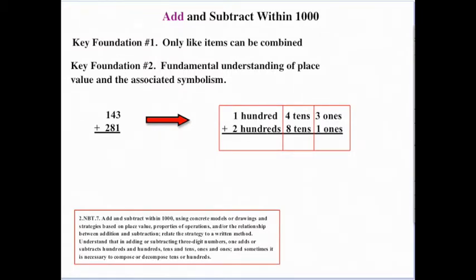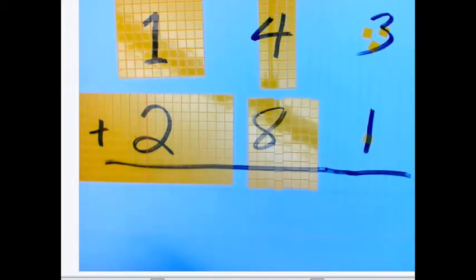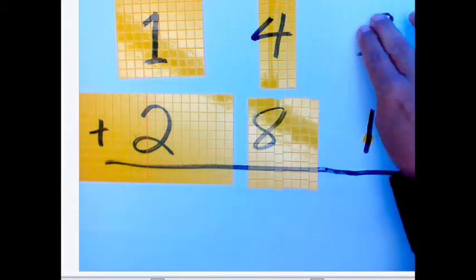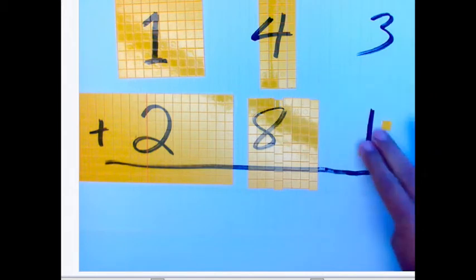And it also helps to do something like this to keep each of those place values separate. Now it helps to also take an example like this and use manipulatives, some type of physical concrete items, so that the kids really see what's going on. So here we have our example using some manipulatives, some blocks, where we have 143 plus 281.